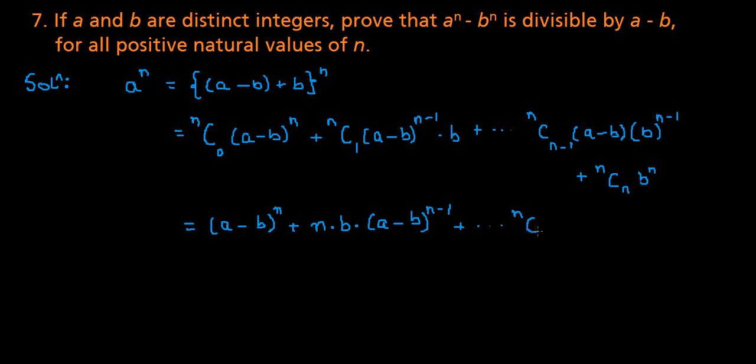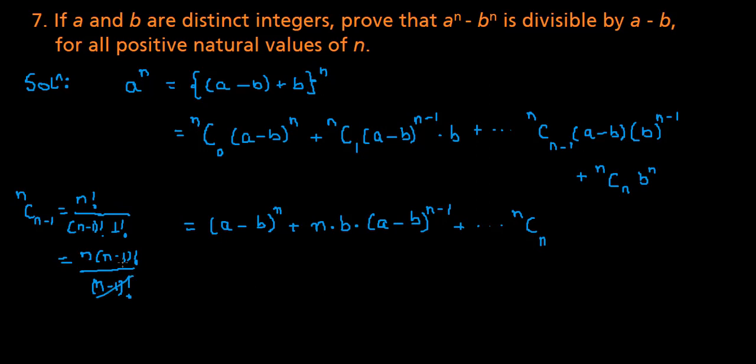The second last term is nc n minus 1. So what is nc n minus 1? Nc n minus 1 is equal to n factorial over n minus 1 factorial times n minus of n minus 1, which is 1 factorial. So this is n times n minus 1 factorial divided by n minus 1 factorial.